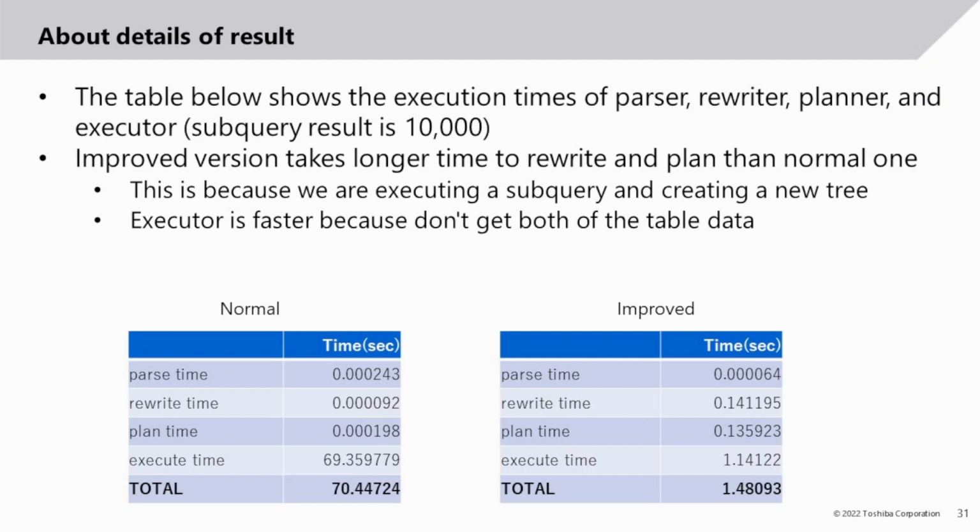But execution time is very fast. This is because in improved rewrite, the subquery is executed and the query tree is updated using the result in the rewrite phase. But it is clear that improved is faster through the entire process, even at some cost in the rewrite and plan phases.